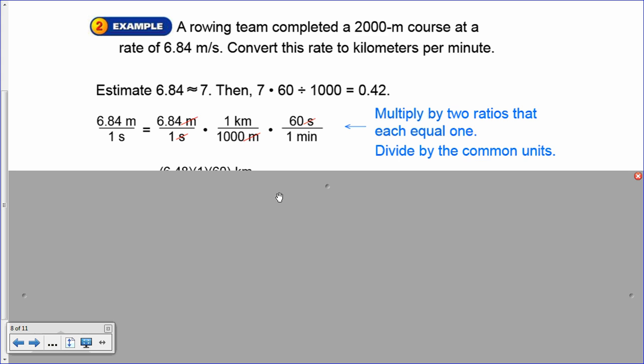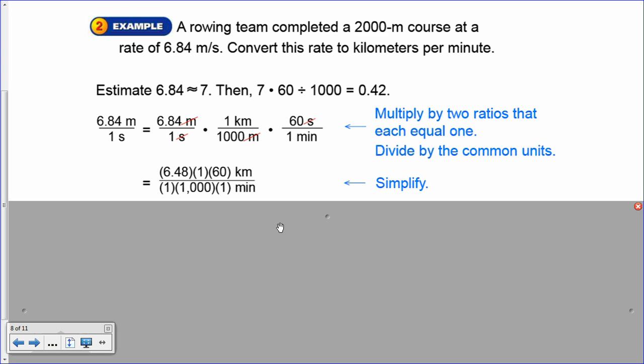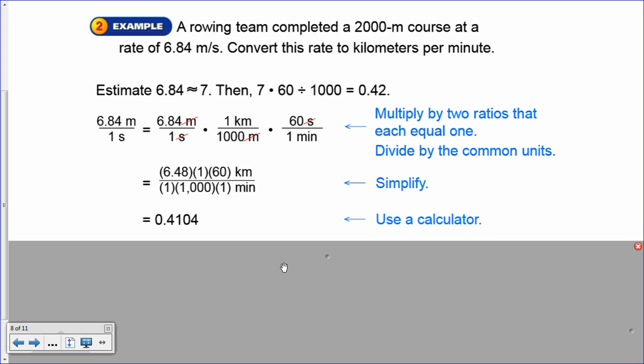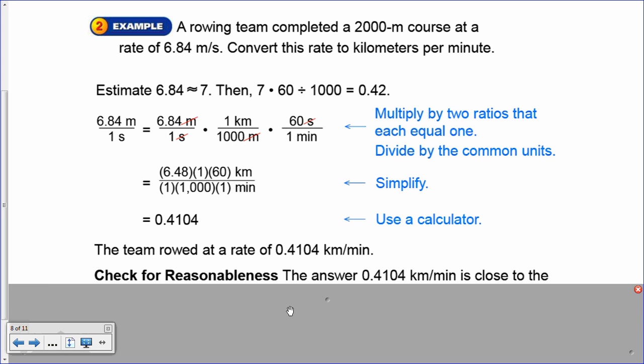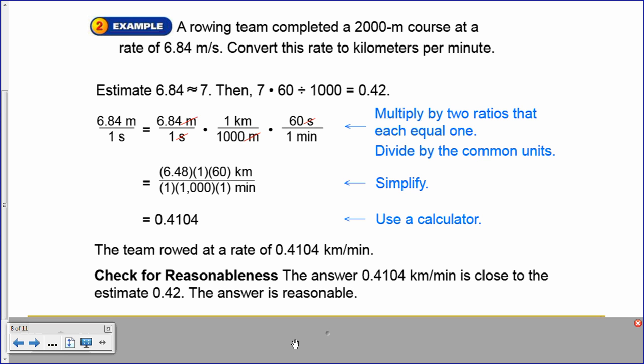So in the top, you end up with 6.48 times 1 times 60, and in the bottom, 1 times 1,000 times 1. Now you're going to simplify and divide, and the team rode at a rate of 0.3888 kilometers per minute. And that is close to the estimate we initially had.